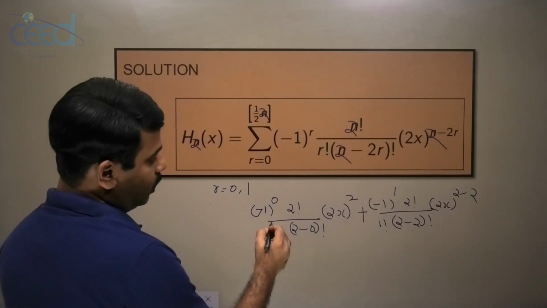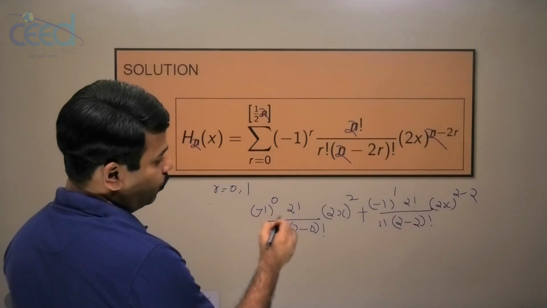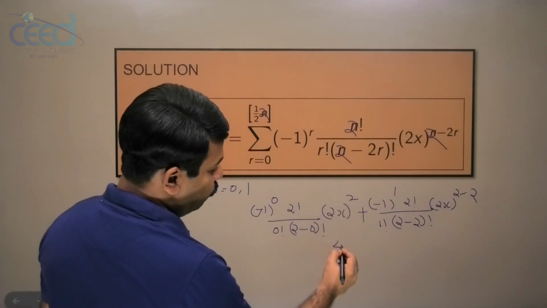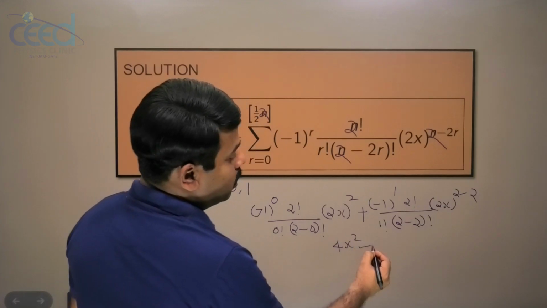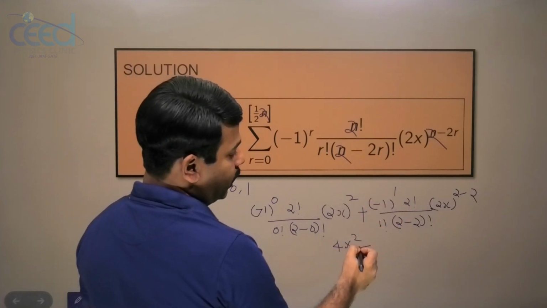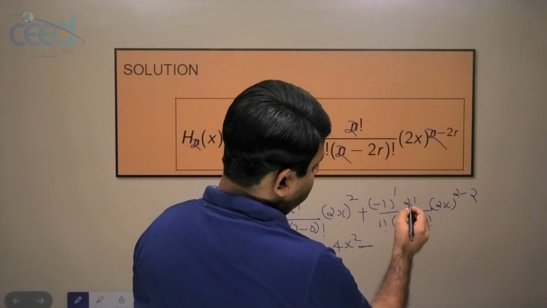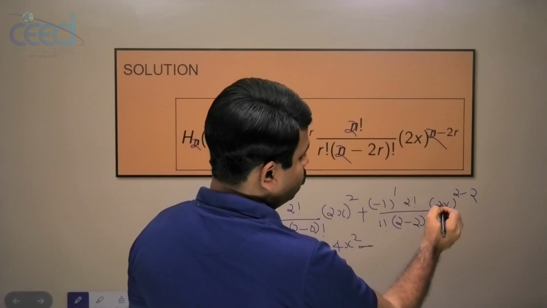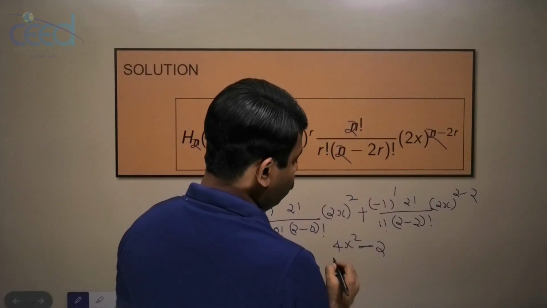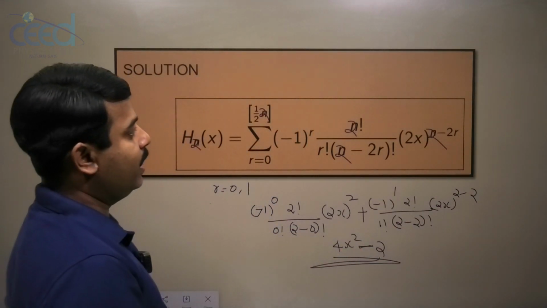Then this part we can write as 2 factorial, 2 factorial, 2x whole square, 4x square. Minus 1 raised to 1, and here 0 factorial, and here 2 factorial only is pending. This also 2x raised to 0 is 1, so 4x square minus 2.